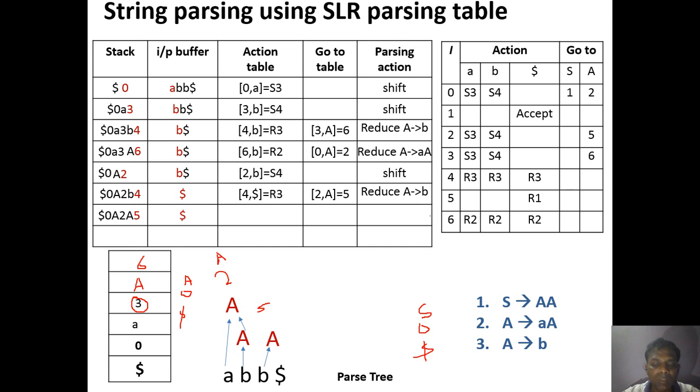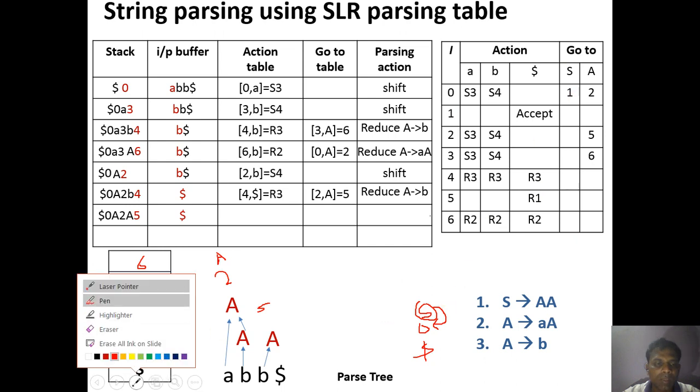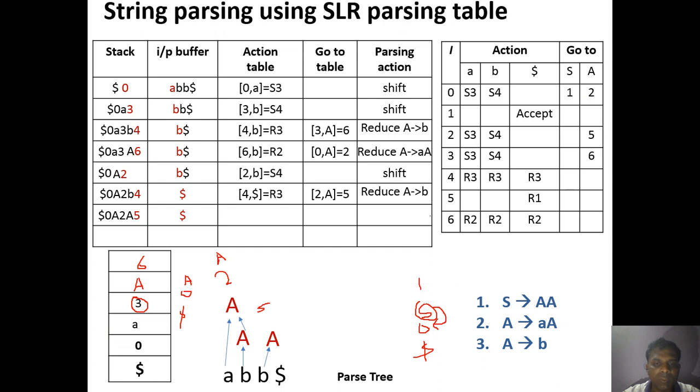You should find the symbol present before the top of the stack, that is 0. So on a 0, whenever we apply the S, you should push the state number 1. So I push the state number 1 onto the top of the stack. It will look like dollar 0 S 1.